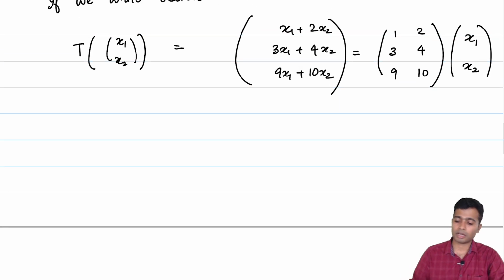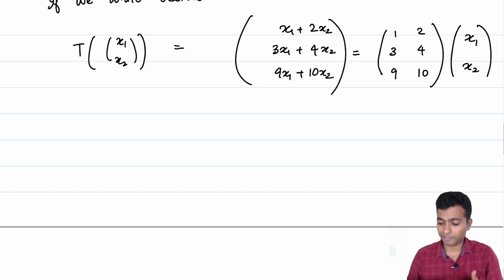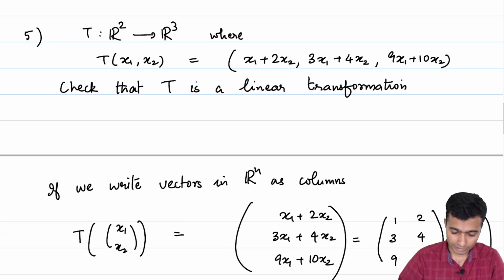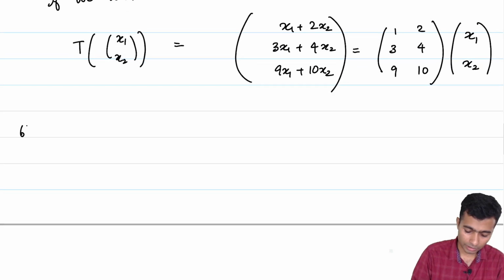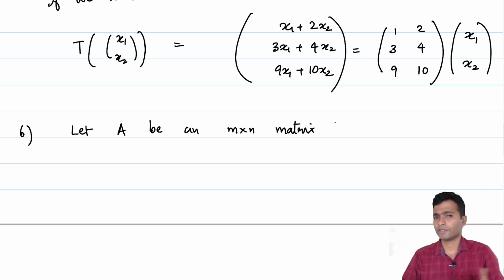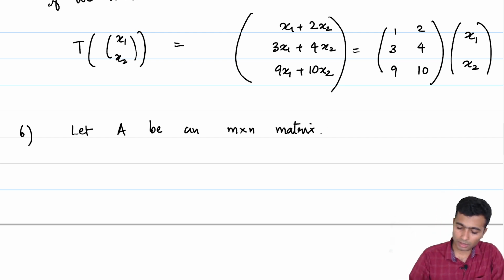So, that naturally motivates us to ask the following question, which will be our next example. The next example being, let A be an m cross n matrix with coefficients in R, of course.